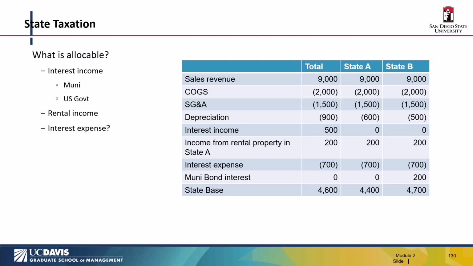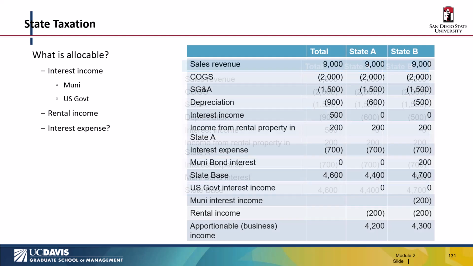That means we need to decide what is allocable and get that out of there. So let's look at what we did for State A. What is allocable? Well, the muni bond interest and U.S. government interest are allocable, but we didn't include any U.S. government interest, so we don't have to worry about that. And the muni interest income was only part of State B's rules, so it's not even in State A.